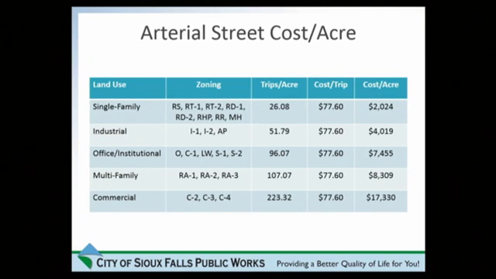We go back to the land use. Now we're calculating an arterial street cost per acre. Again, single family, the trips per acre was 26.08. We're multiplying that by the cost per trip that we just calculated of $77.60, thus getting you the cost per acre for each land use showing up there. So for single family, it's $2,024.